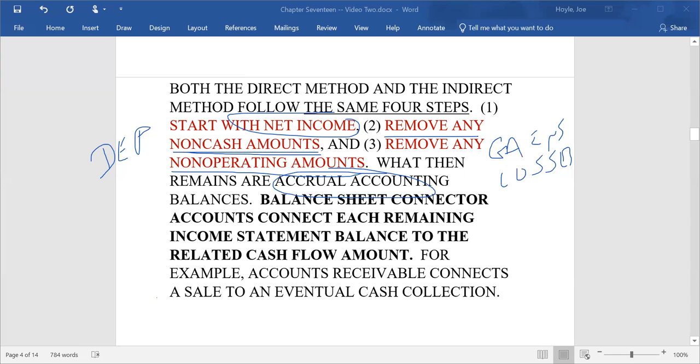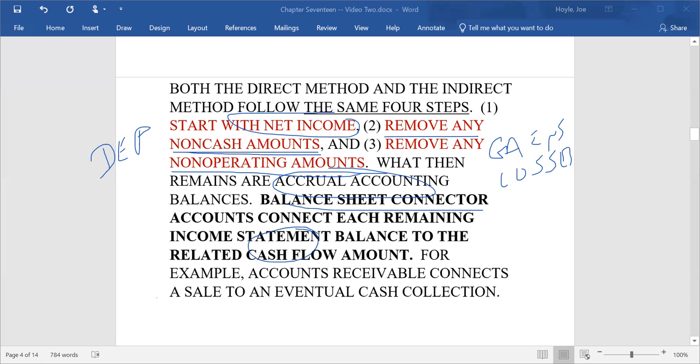We want the remaining numbers in cash accounting. And to do that, we're going to take the balance sheet connector accounts, the ones that tie the income statement accounts from accrual accounting to cash accounting, and we're going to use those to convert from the accrual numbers to the cash numbers.